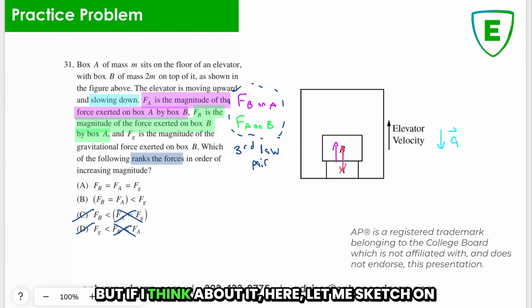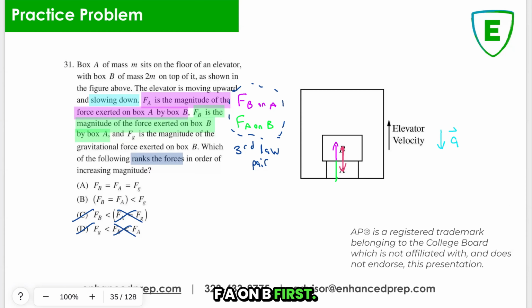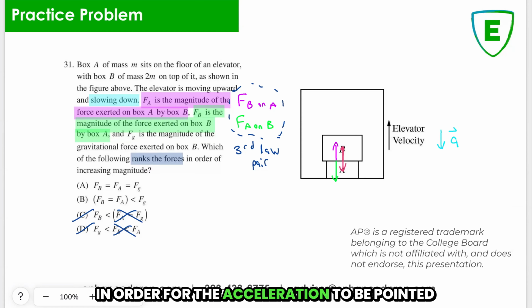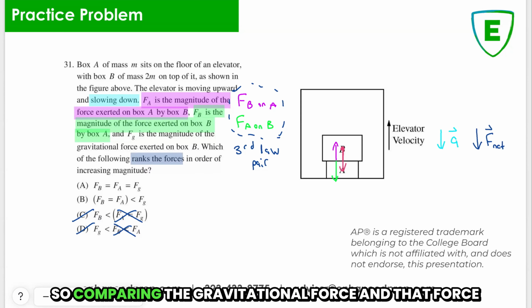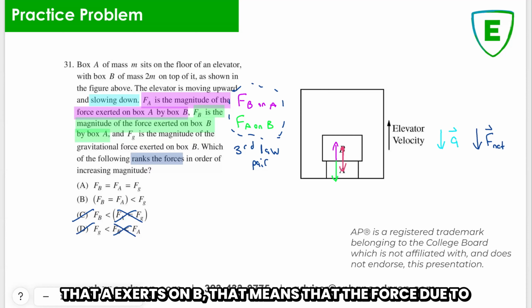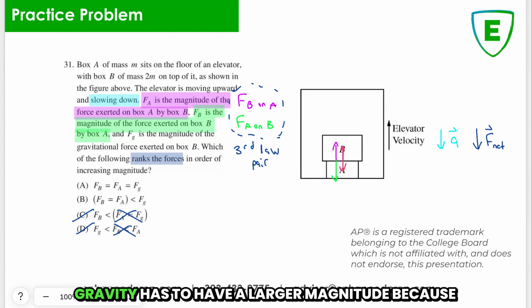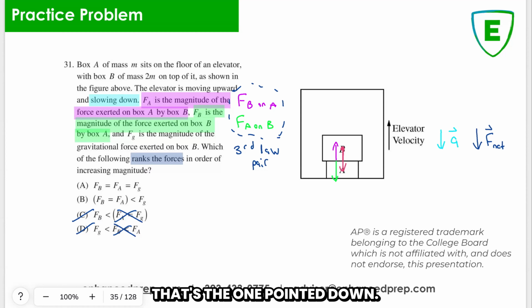But if I think about it, let me sketch FA on B first. In order for the acceleration to be pointed downward, by Newton's second law, the net force has to be downward. So comparing the gravitational force and the force that A exerts on B, the force due to gravity has to have a larger magnitude, because that's the one pointed down.